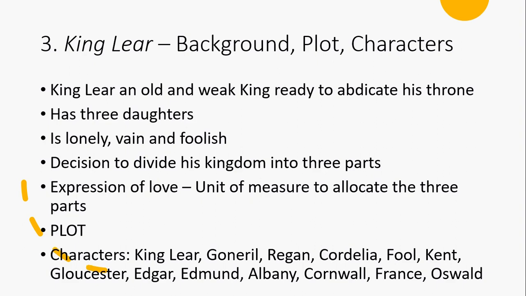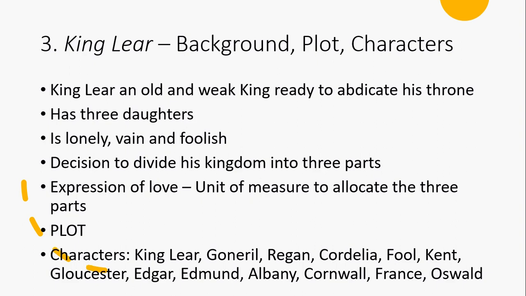So King Lear is the king of Britain. He is very old and he is weak. When the play opens, we find the king ready to abdicate his throne. He is ready to divide his kingdom into 3 parts and give these 3 parts to his 3 daughters. But this action of the king, as we can already guess, is a very stupid action. The king, as depicted in the play, is a very lonely person. He is very vain, he is very foolish.